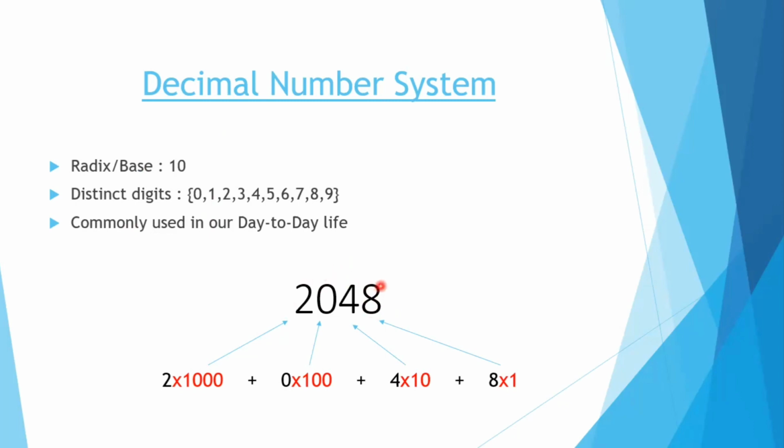In easier terms, we can say that this digit right here represents the number of ones, or 10 raised to 0, and this digit represents the number of tens, or 10 raised to 1. This digit right here represents the number of hundreds, or 10 raised to 2, and so on.